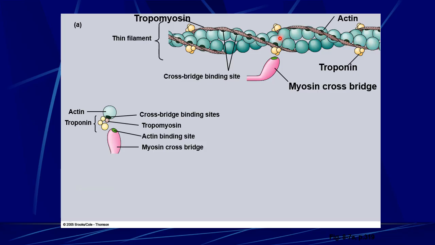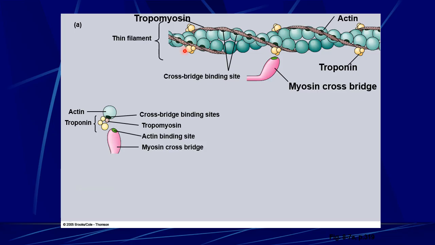So filamentous actin. And this filamentous actin is being blocked by this long, stretchy fiber that is your tropomyosin. Okay. If it is blocked, it cannot interact with myosin, right?